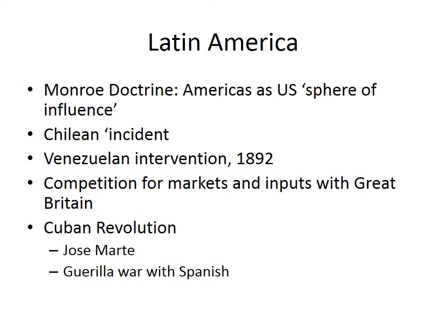The second being that the United States will not involve itself in European affairs. The first one is the most important for us. Okay, what the United States establishes with the Monroe Doctrine, which comes out in 1823 rather, is that the Americas, particularly Latin America, is a U.S. sphere of influence.